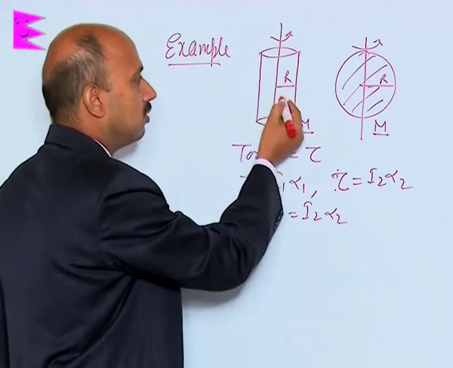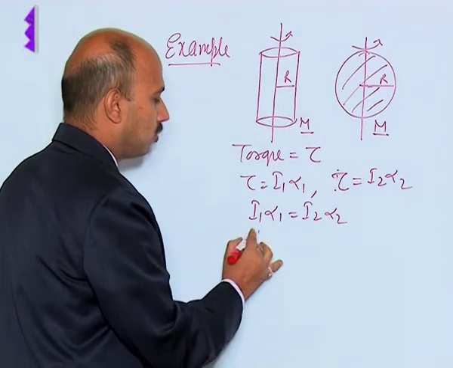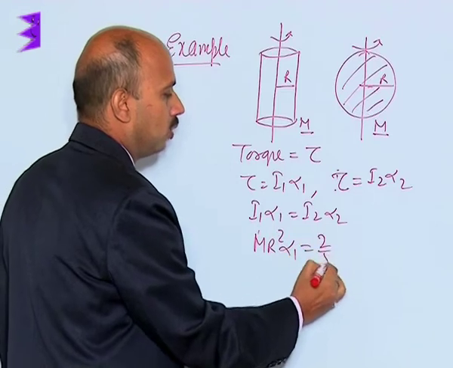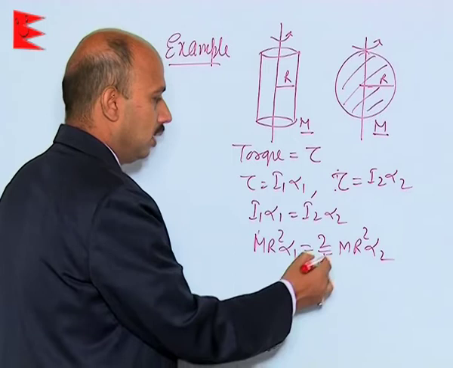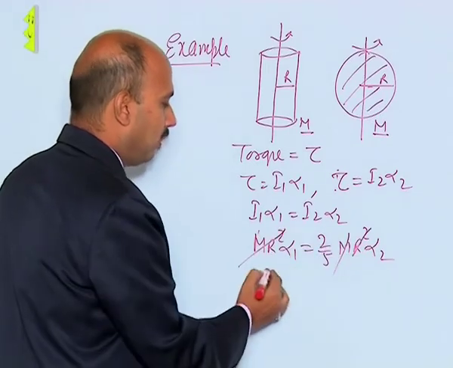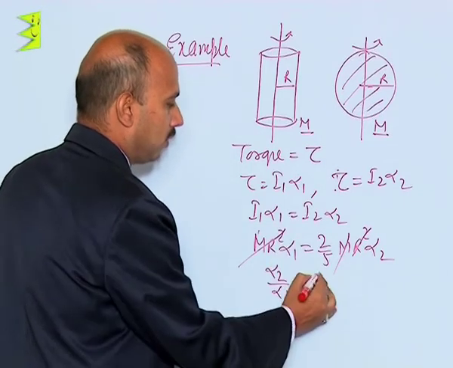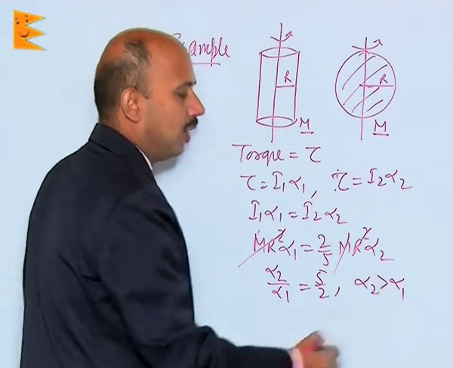I1 for the hollow cylinder we can write as mr square, so mr square alpha 1 is equal to 2 upon 5 mr square alpha 2. So this r square will get cancelled. We will get alpha 2 upon alpha 1 is equal to 5 upon 2. That means alpha 2 is greater than alpha 1.